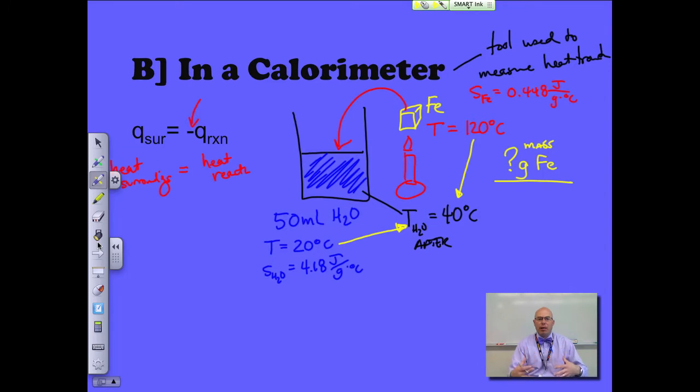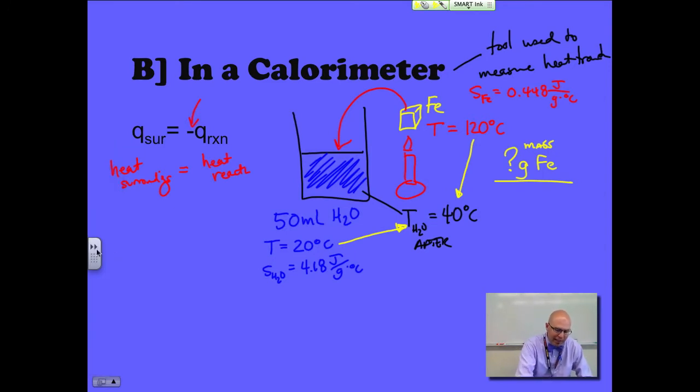Now what I want you to understand is this. Basically what we're going to be doing is using that Q formula twice, and we're going to use the fact that the Q of the surroundings is equal to the Q of the reaction.